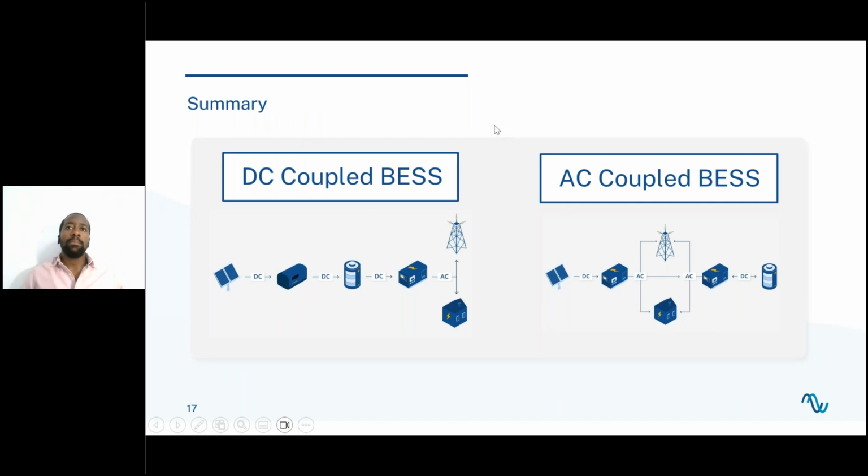So basically, both systems, DC couple BESS and AC couple BESS, present advantages and disadvantages. Again, regarding how much area you will have, the power station configuration, the bill of quantities, which can affect the financial or the capex side, and the grid curtailment, whether you have that cap or not, you can make that decision.